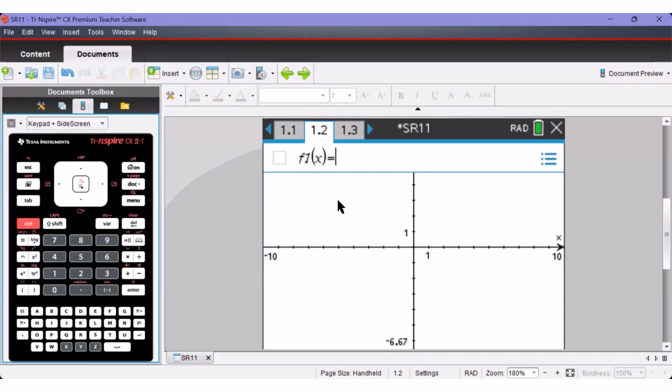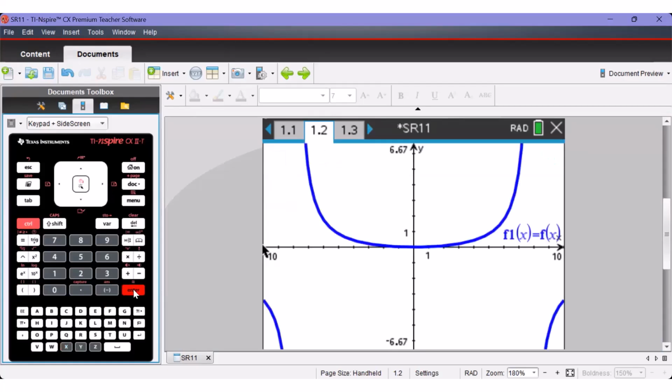Okay, so f of x and g of x have been assigned. If I type in for f1 of x, f, open bracket, x, and then press enter, we get our sec function.